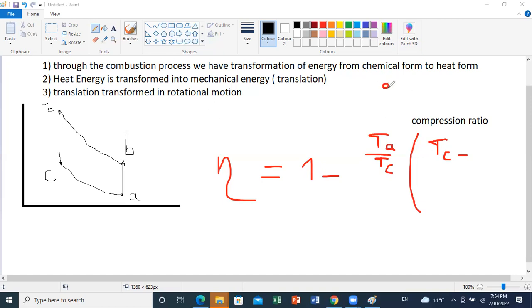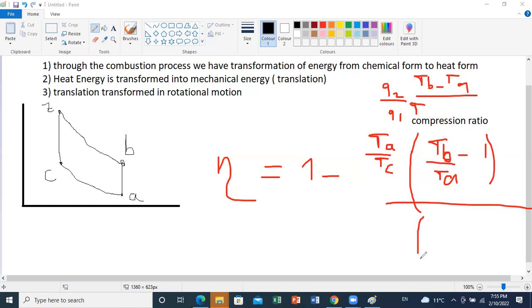It was Q2 over Q1, okay? And the Q2 is TB minus TA. Yes. So before, you had TB minus TA over TZ minus TC, and you took TA into factor here. So you have TB over TA minus 1 over TZ over TC minus 1, okay?